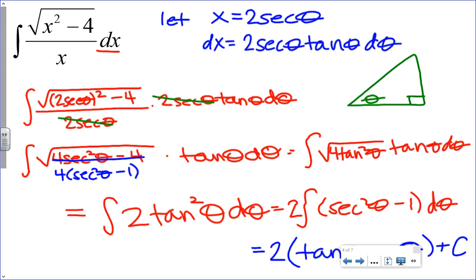Well, we know that x over 2 equals the secant of theta. Do you agree? Okay, so our secant ratio is x over 2, which means hypotenuse over adjacent is x over 2. And the Pythagorean theorem would tell us that the other leg would be the square root of, conveniently, x squared minus 4.